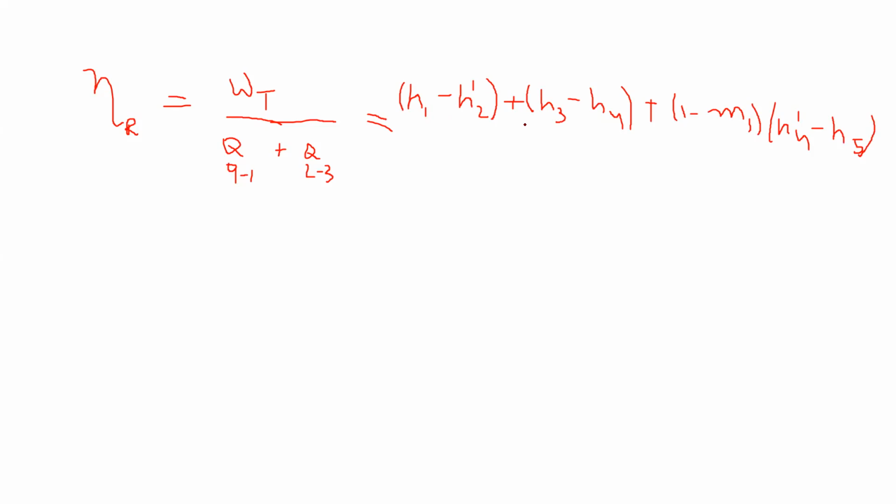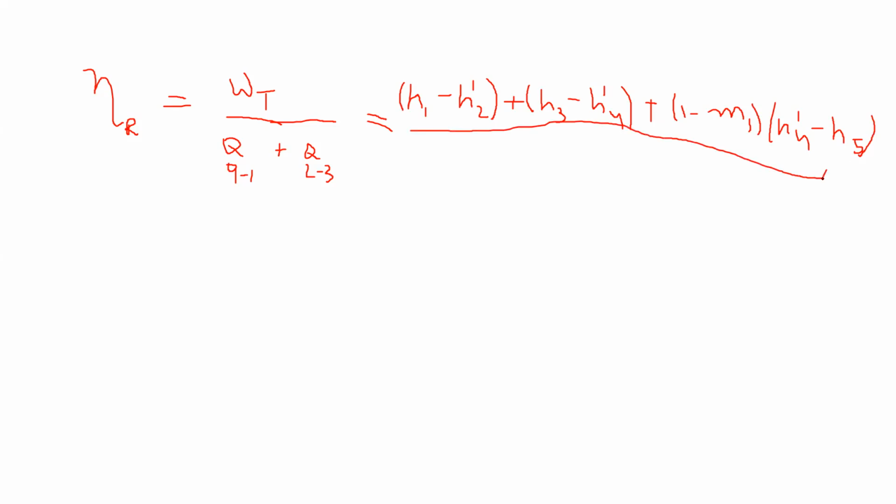When it comes to the intermediate pressure, the process is H3 to H4 dash. Don't take the values of the isentropic ones here, because the actual efficiencies are already given and we are already calculating the actual enthalpies. For finding the efficiency of the cycle, you have to take the actual enthalpies only. This is all about our turbine work.